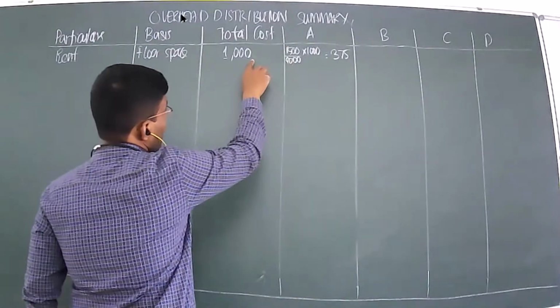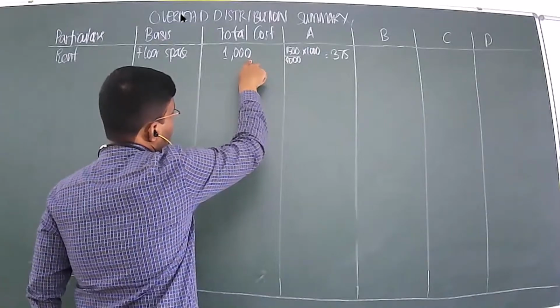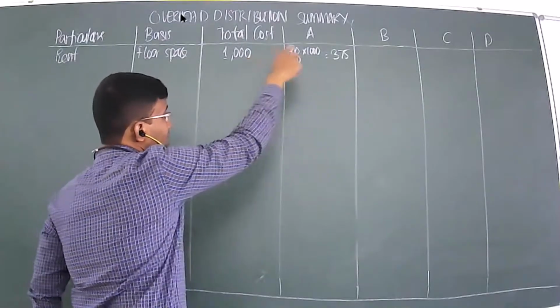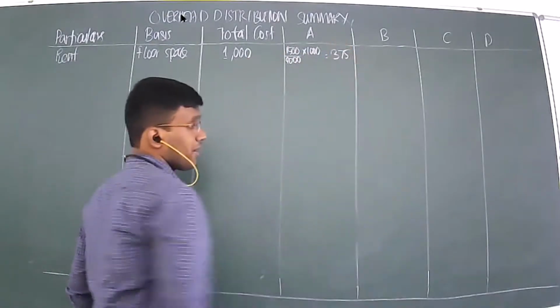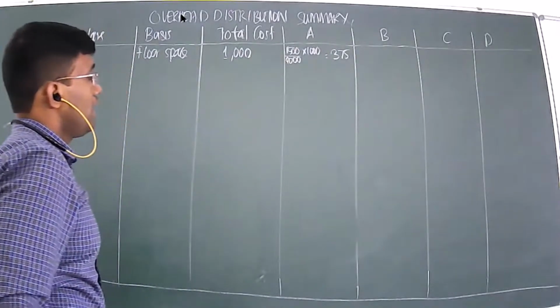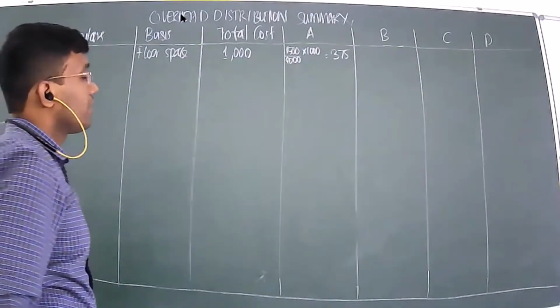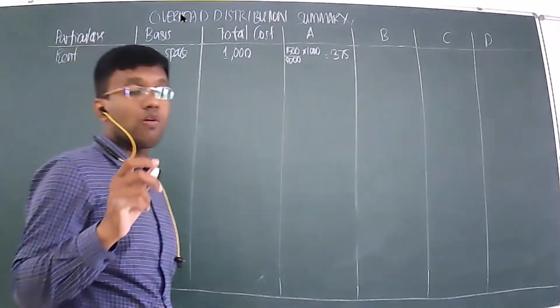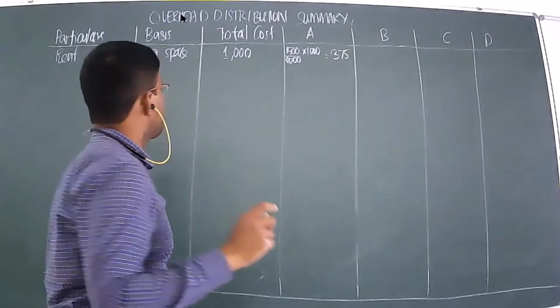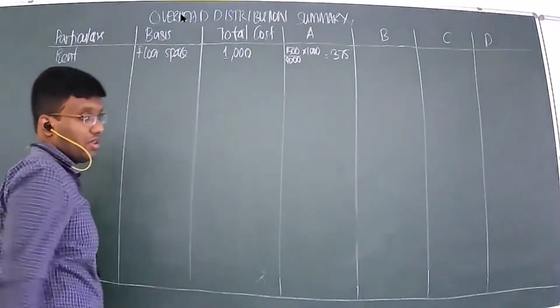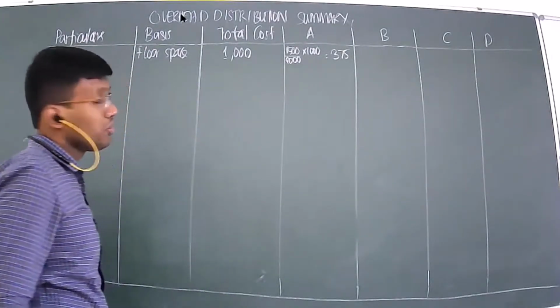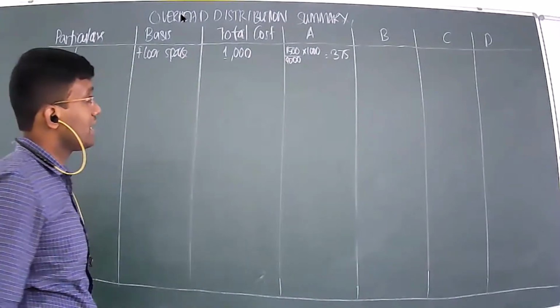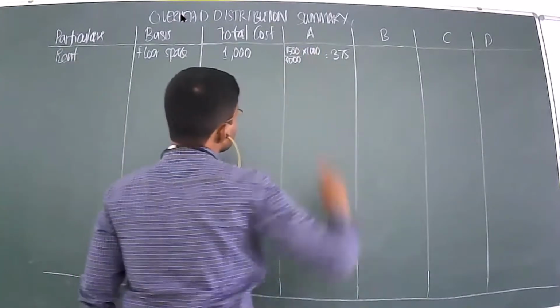So what does this signify? Out of the total rent of 1,000 rupees that you're paying, 375 has to be contributed by department A. And this 375 that A is contributing is based on the extent to which A is enjoying the benefit of rent. Based on the utilization, we have gone about apportioning it.